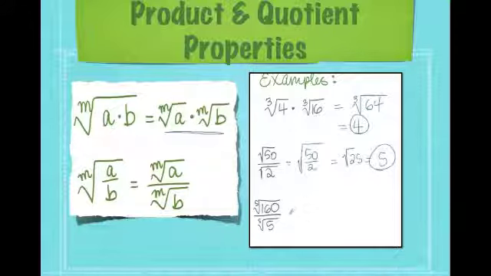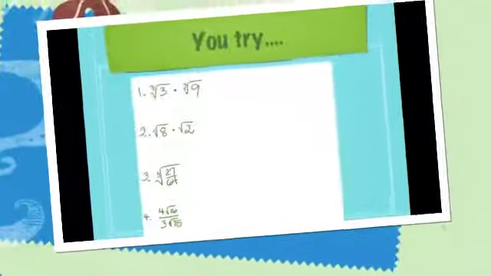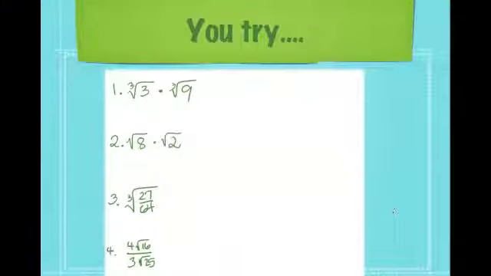Here, if I put all of this under one radical, and I end up with the fifth root of 32, and 2 to the fifth power is 32, so that just gives me 2. Of course, they do get a little more complicated. So you try these. Pause the video, write down the problems and work them out, and then come back and check your work.